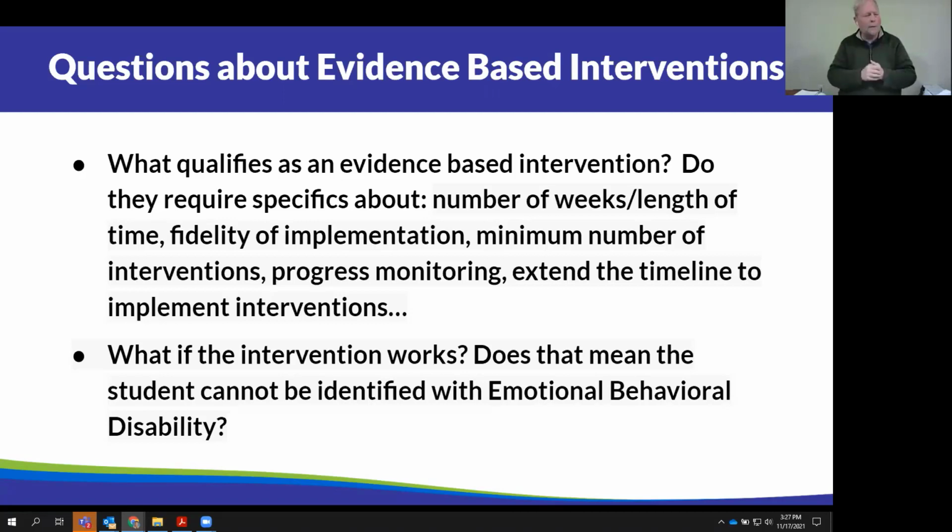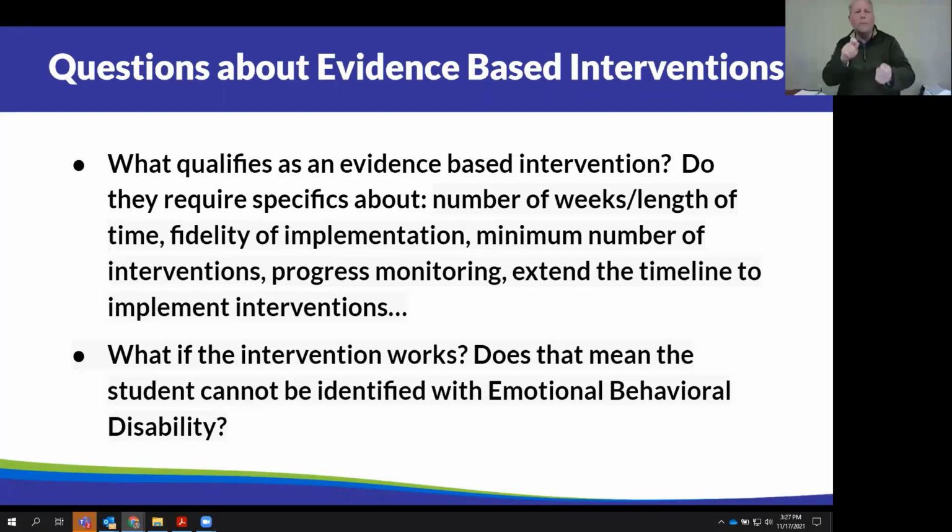So what we were very cautious about was to not turn this into a very restrictive rule. When it comes to behavior, we were trying to find the balance between requiring interventions, positive interventions to be done, but allowing teams flexibility to individualize interventions for the child who's being evaluated.